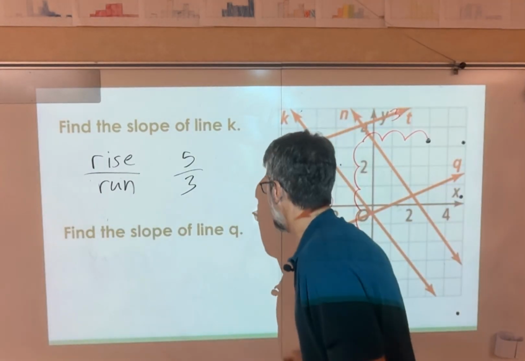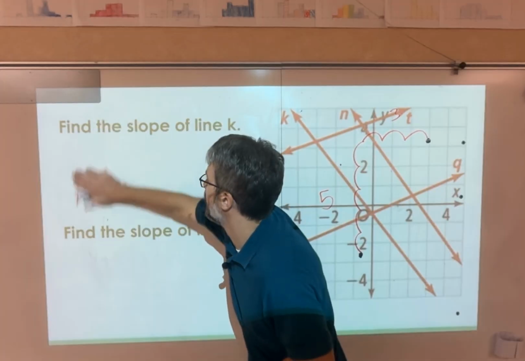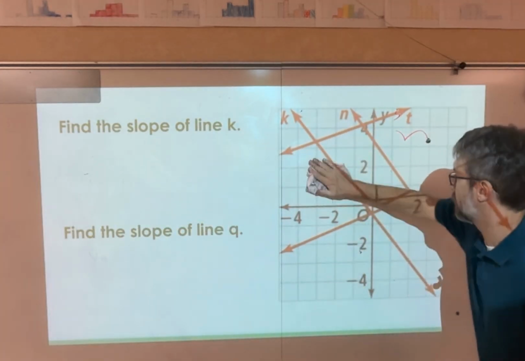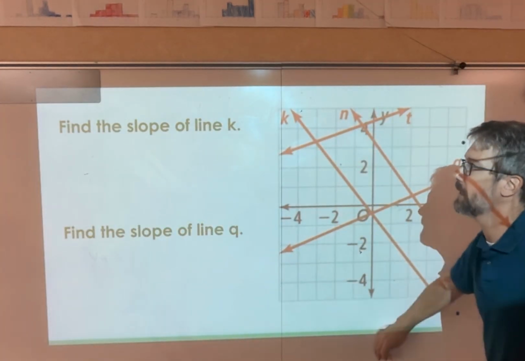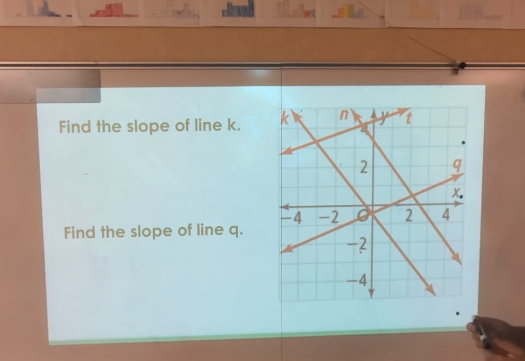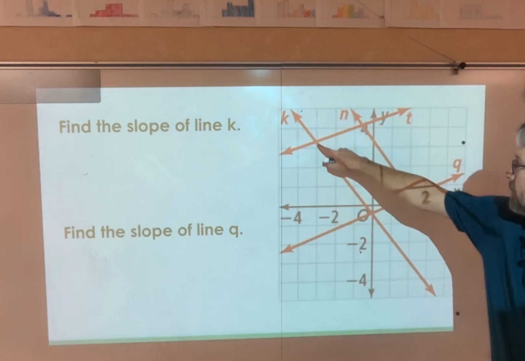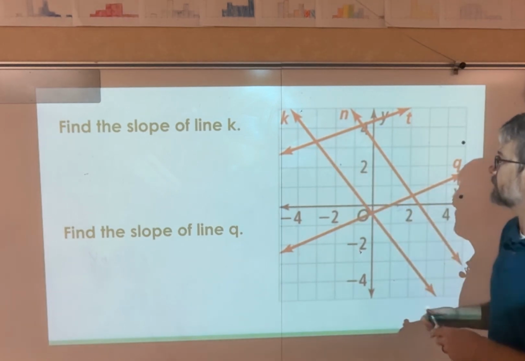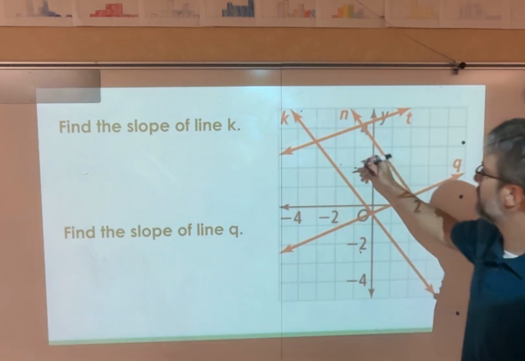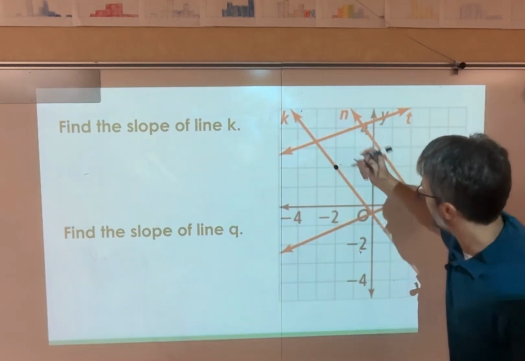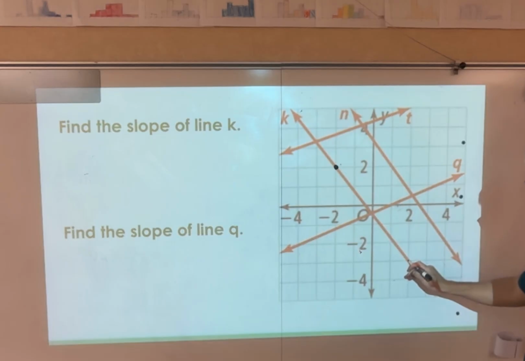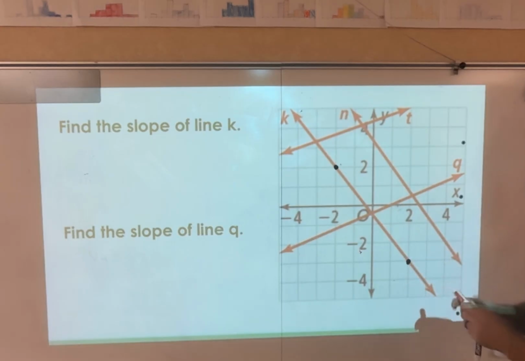All right, now we've got a more complicated graph, so there's just a little more stuff to navigate. Finding the slope of line K and line Q, where here is line K. Let's see if we can find a couple of nice grid points here. So this one looks good, right on the grid. And then this one down here looks good. That one's right on the grid.